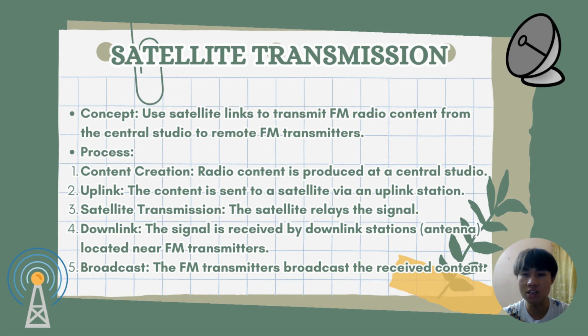The content is sent to the satellite via an uplink station. Then the satellite relays the signal. The signal is then received by the downlink stations, which are antennas located near the FM transmitters. At the end, the FM transmitters broadcast the received content.